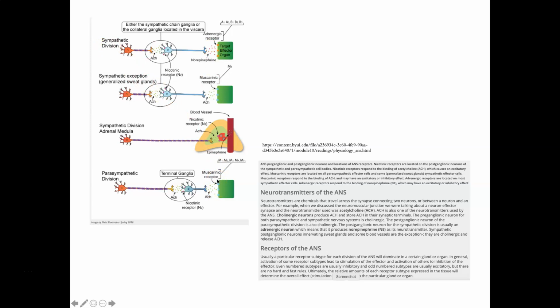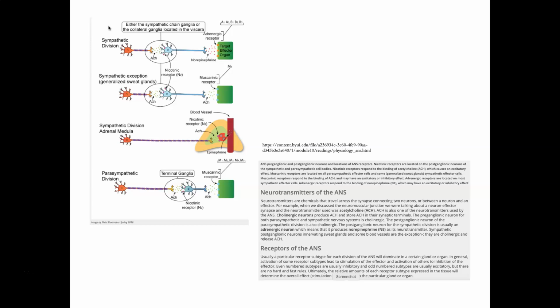What's different? What's the same? What's different? This slide right here, this piece on the left-hand side that has all of these visuals, is just so important for us to be able to understand how the drugs are going to work.